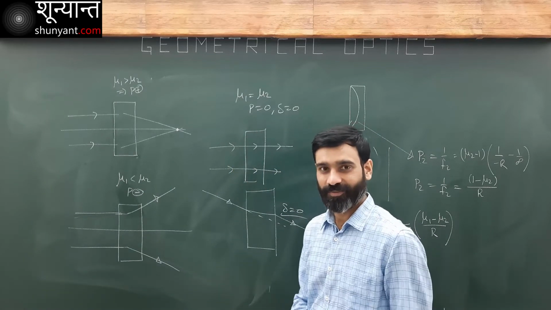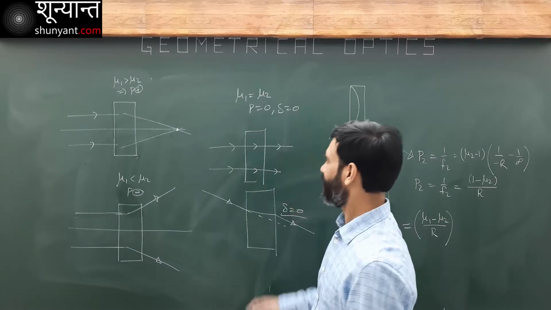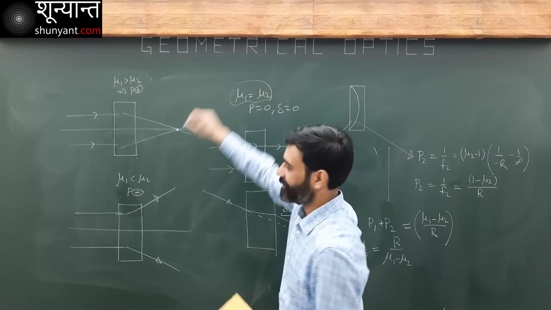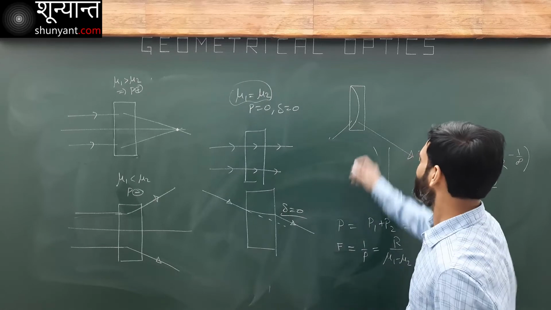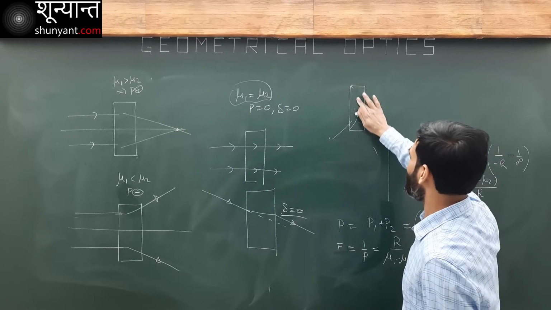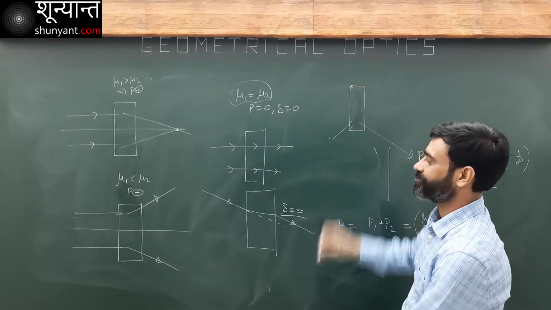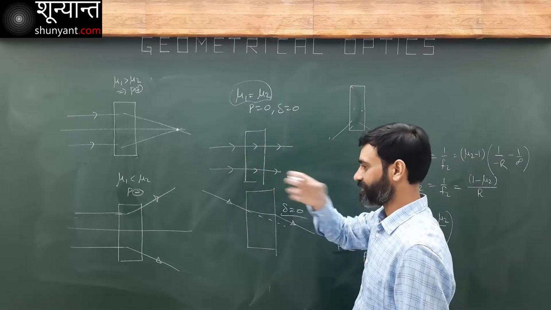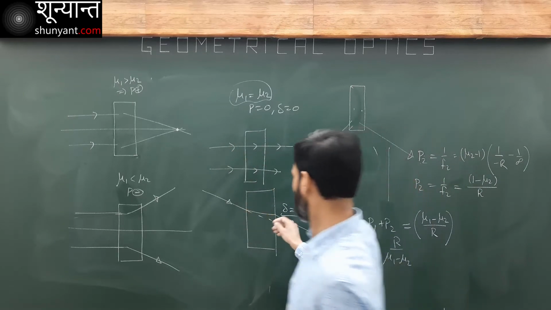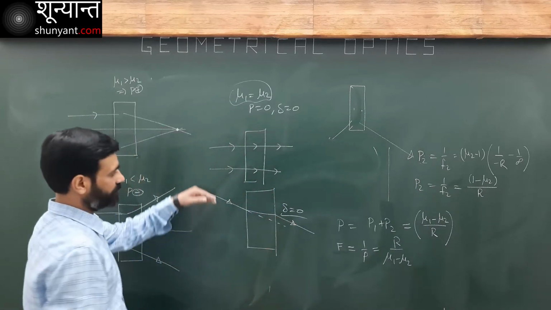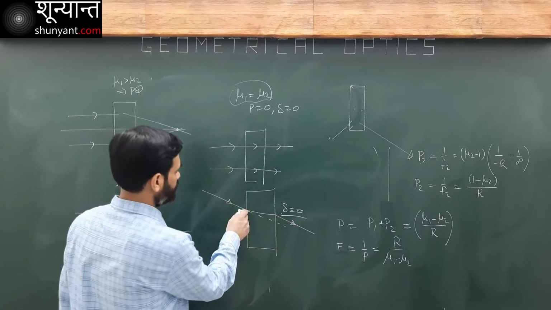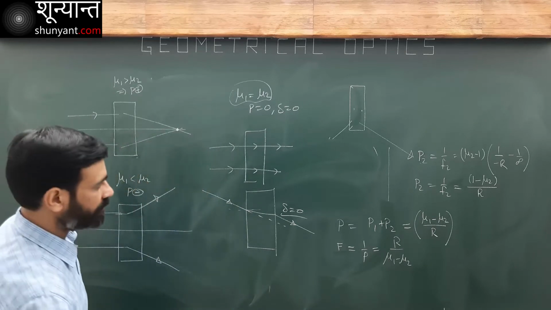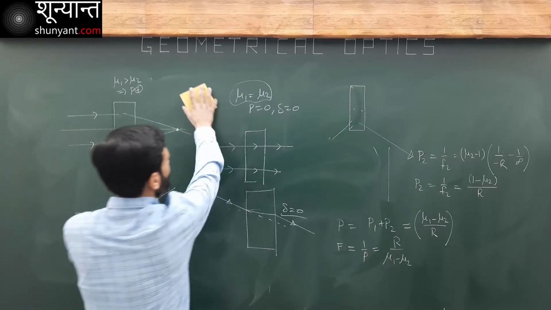No power, no bending. If both become the same, then for light there is no change in medium. If there is no change in medium, the rays pass undeviated like this. Here also there will be lateral shift. This is the lateral shift. Deviation is 0. Power is 0.